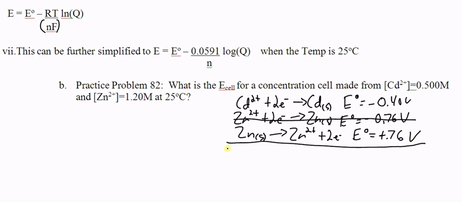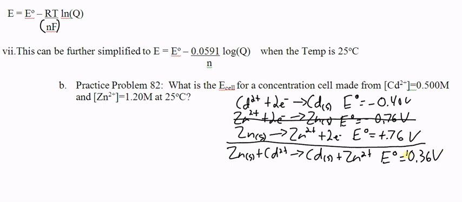So when we're all done, we're really going to be looking at a balanced equation that looks an awful lot like zinc solid plus cadmium 2 plus yields cadmium solid plus zinc 2 plus, and it's going to have a standard cell potential of 0.36 volts, and that's definitely positive.